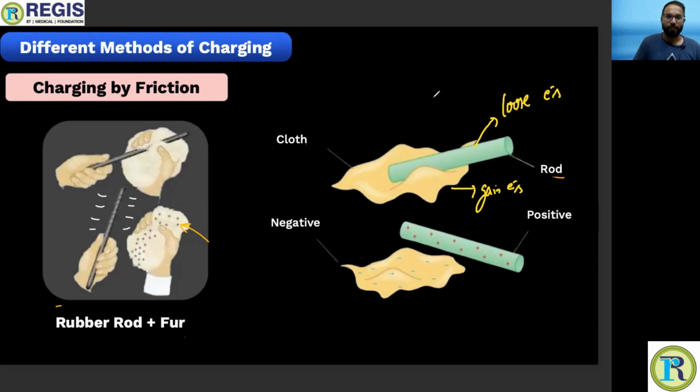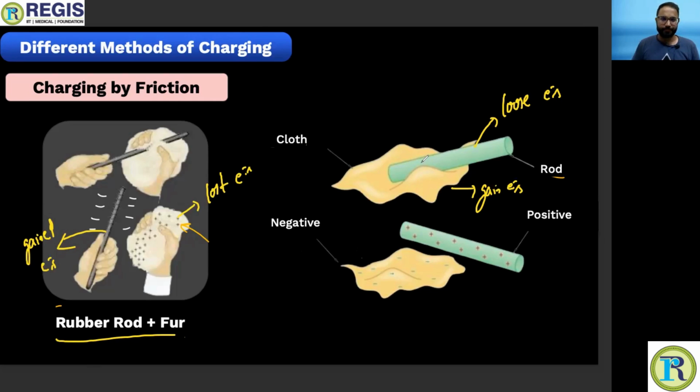Okay, so if you're talking about rubber rod plus fur, this time fur lost electrons and rubber rod gained electrons.